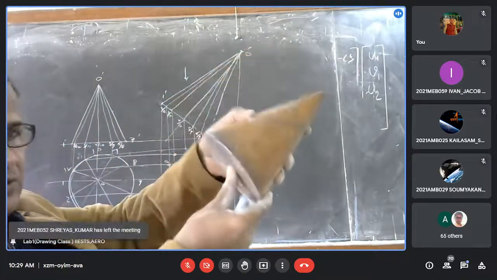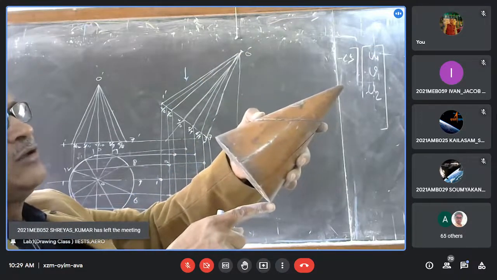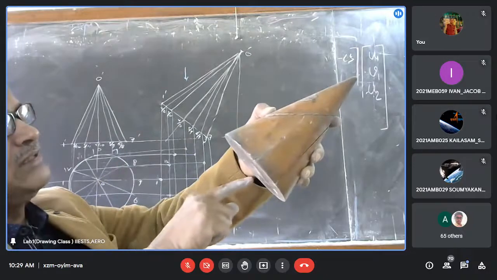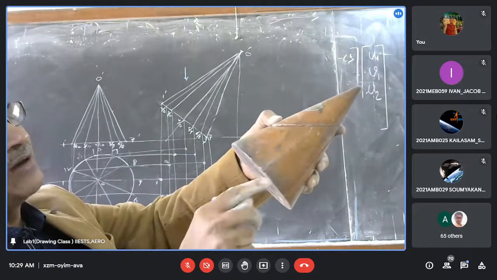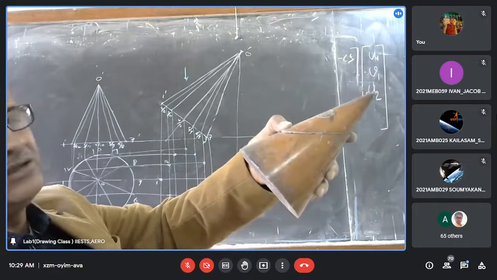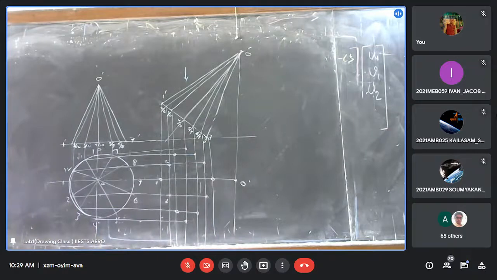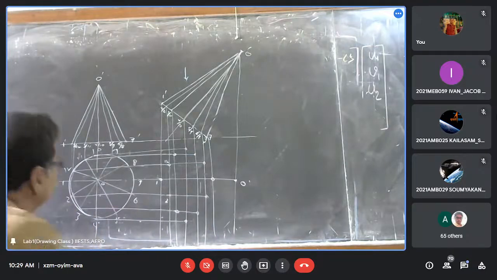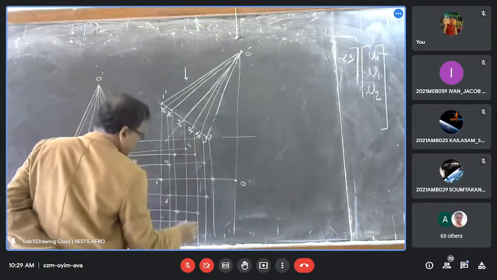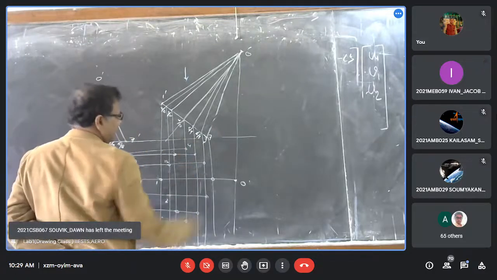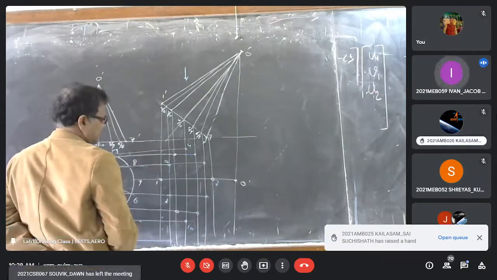This is a cone, okay, it is resting like this. It is resting on this 7 point. So while you are looking from the top, you can see from here to this surface, but from the bottom surface you cannot see. So can you tell me specifically which points you can see and which you cannot? This is 4. This is 10. And this, sir, is 7. 10 is above, sir.